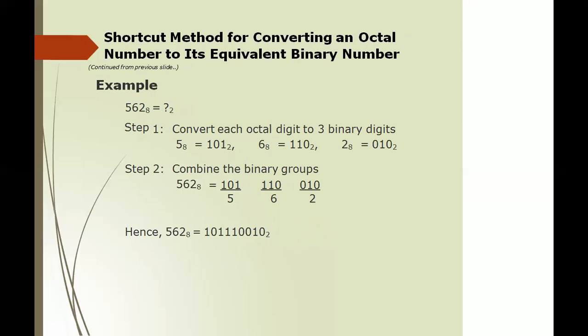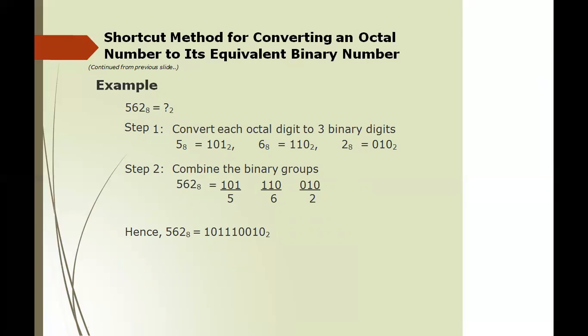Here is another example, from octal to binary, and here the octal number is 5, and we can convert this 5 to binary, that is 101. And in reverse way, previously we saw the conversion from binary to octal, and here the conversion is from octal to binary.